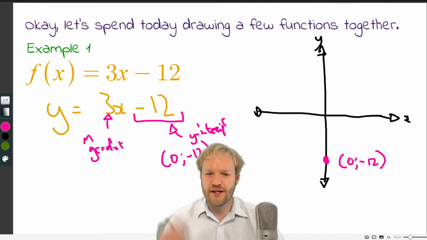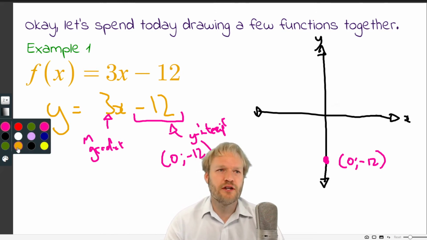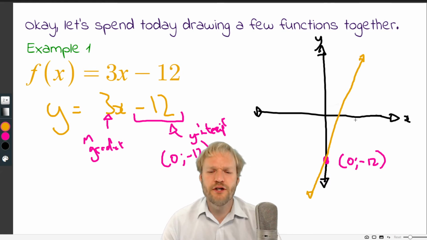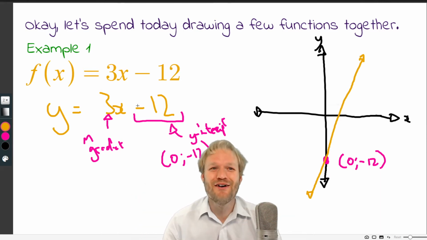Then we know that it's a positive gradient, so we can already think it's going to go in that kind of shape. Whether we draw that or not yet, we're expecting an x-intercept right about over there.